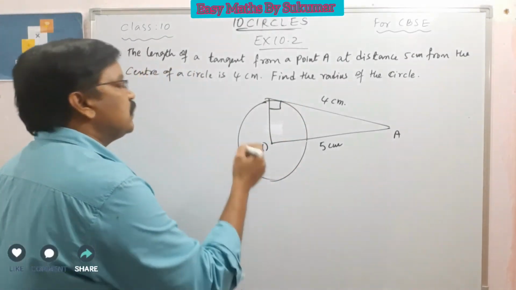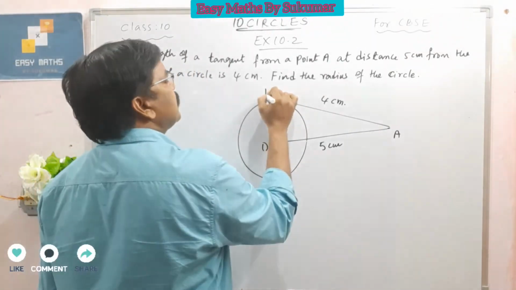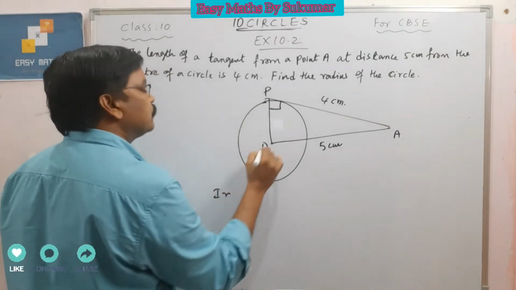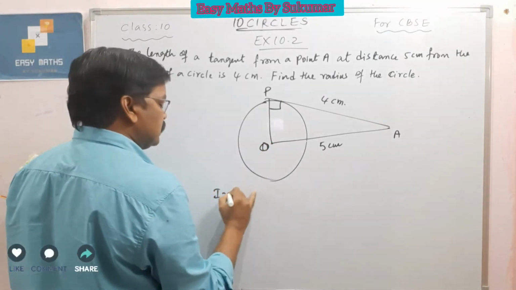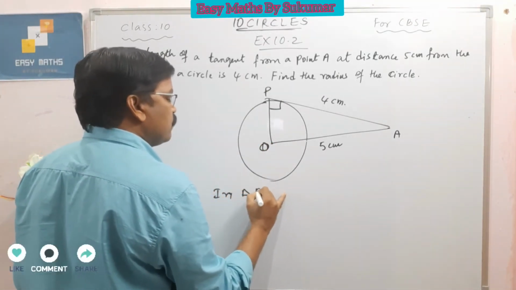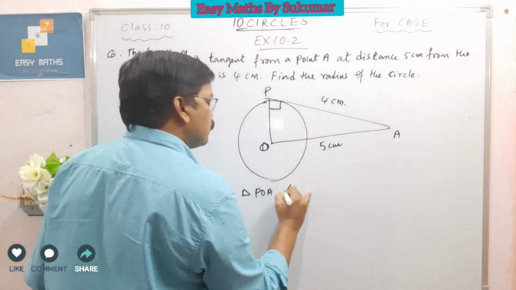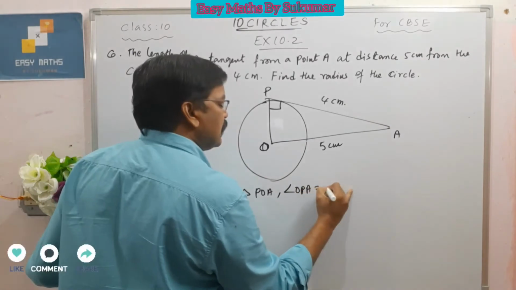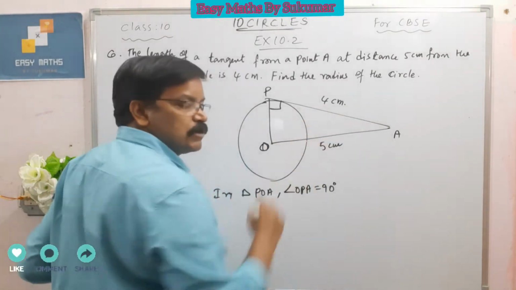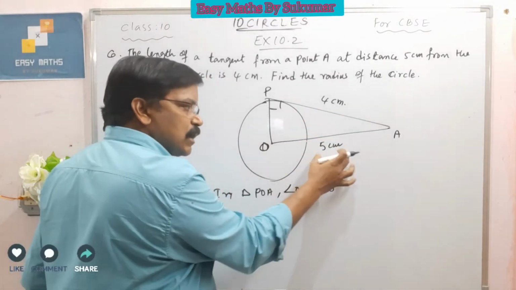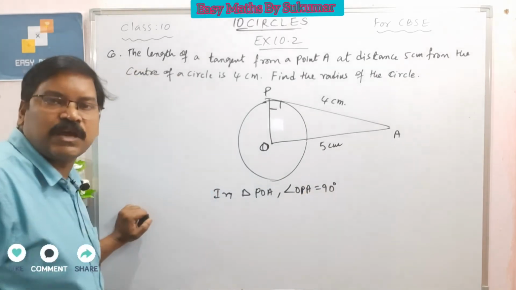Okay. See, let it be some P here. Now in triangle POA, angle OPA is equal to 90 degrees. So what is the hypotenuse here? OA is the hypotenuse.